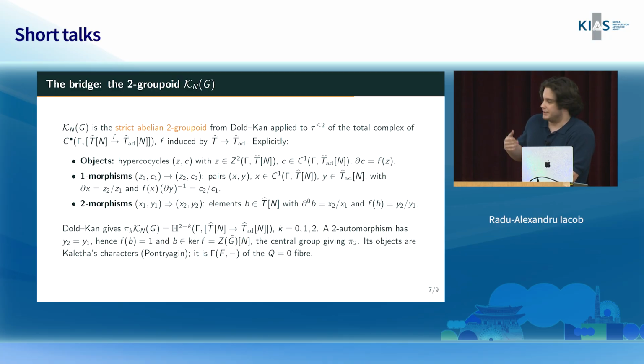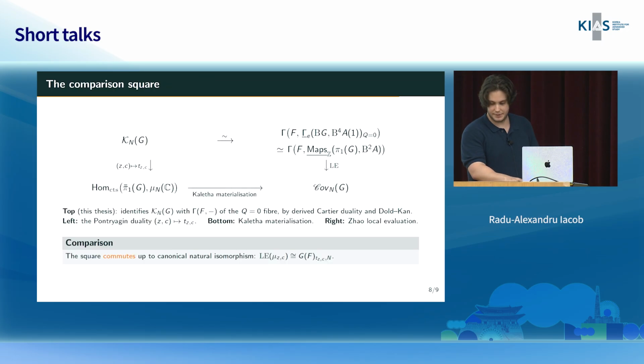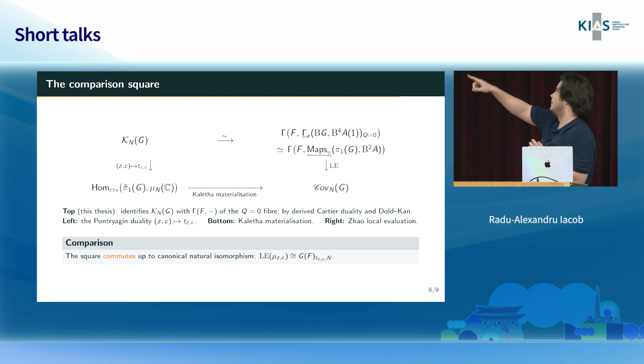And it's the right object in a precise sense because now we can actually formulate a compatibility statement about how these covers are related. So let's move on to this bit. So this is this comparison square diagram where, in the top left corner, I have this object that I introduced, and then that is going to map to the characters out of which Tasha builds his covers just by Pontryagin duality.